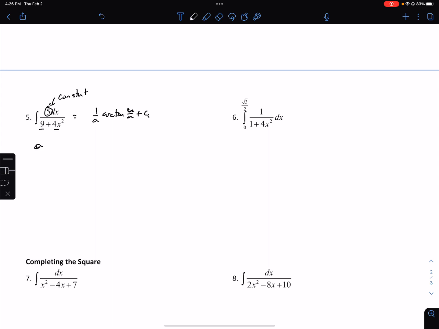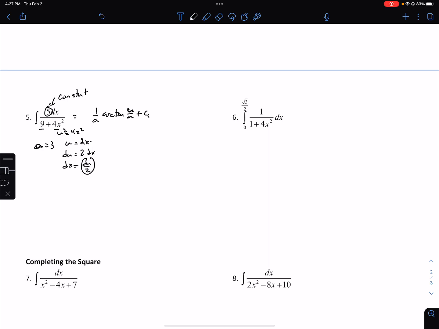So our a is going to be 3. Our u is 2x. Be careful, because remember, this is really u squared is 4x squared, so we're taking the square root to get u. Du is 2 dx. Dx is du over 2. Now before the comments blow up, remember, we're only going to pick the positive. Even though there's a plus or minus, we only want the positive part of it.